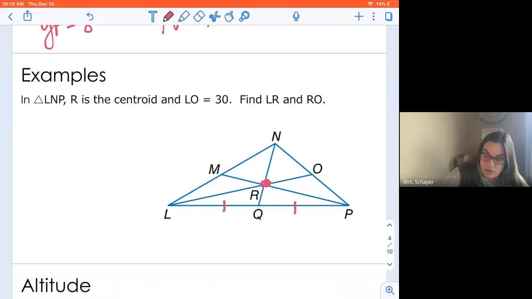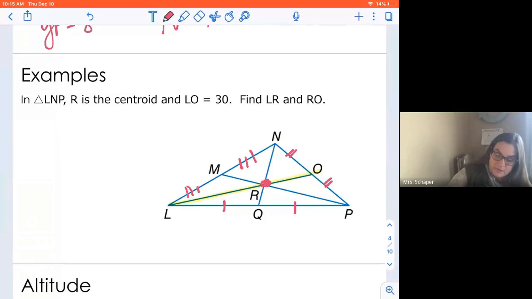We know that NO and OP are congruent. We know that MN and ML are congruent. So R is the centroid, and LO is 30 units. What we want to do is figure out LR and RO.